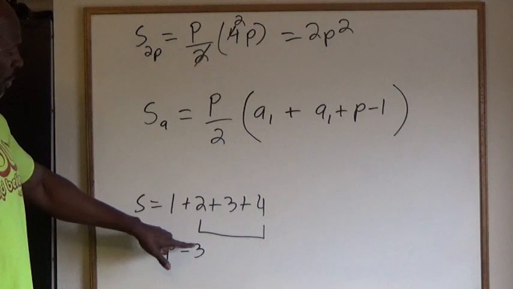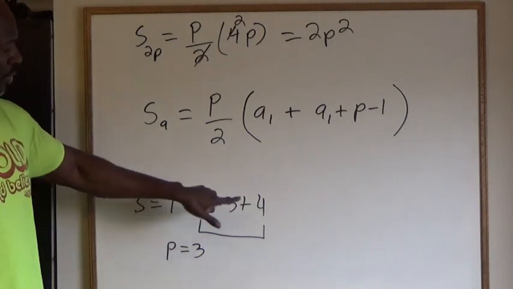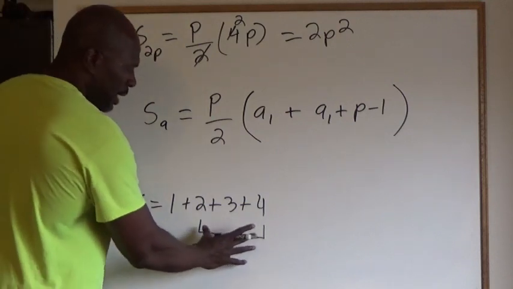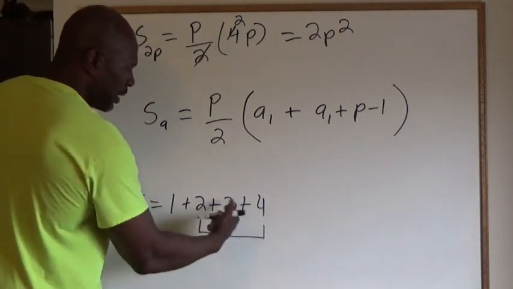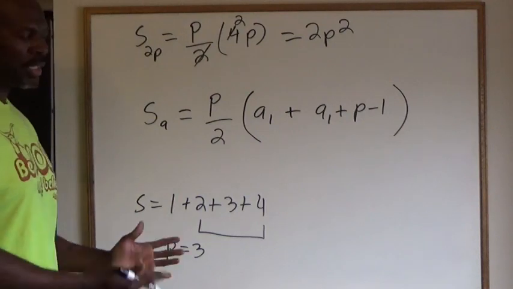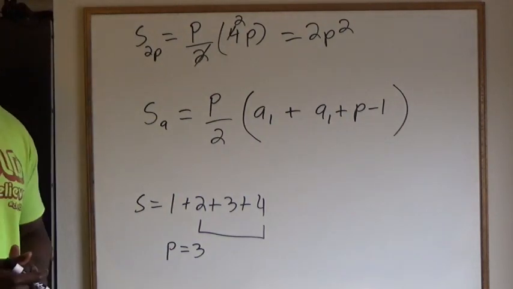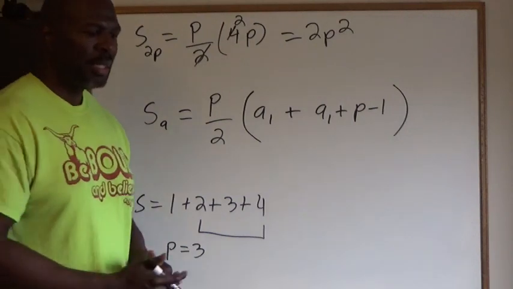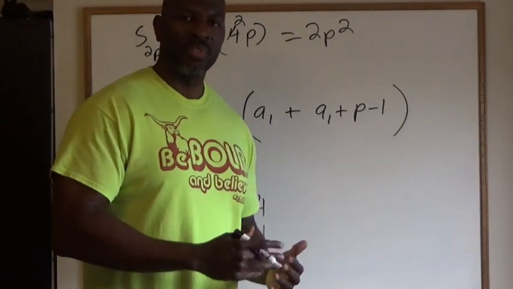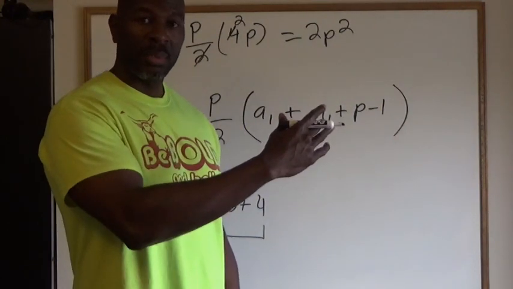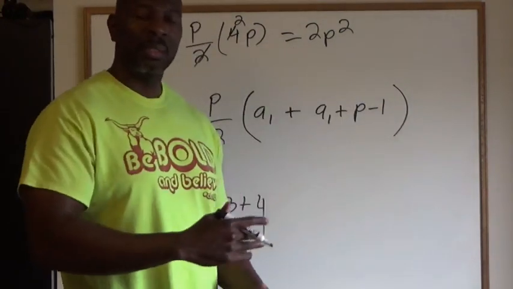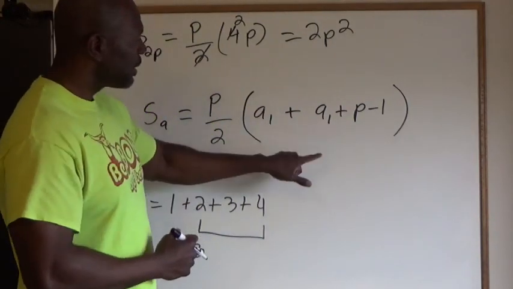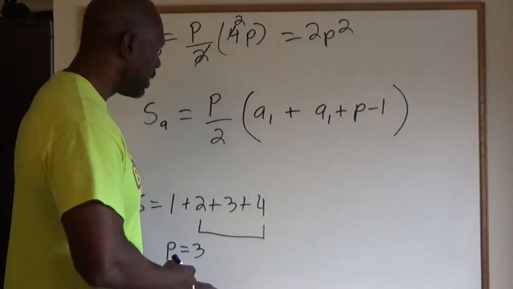So it's p minus 1, which is 2. 2 plus 2 is 4. So when you have three numbers like this, the difference of the first and last number isn't 3, it's 3 minus 1. So that goes for any list of numbers. If I have a list of 10 different numbers, for instance, 1 to 10 is 10 different numbers, but the difference of 10 and 1 is 9, so it's the number of numbers minus 1. So the last number is A1 plus p minus 1.